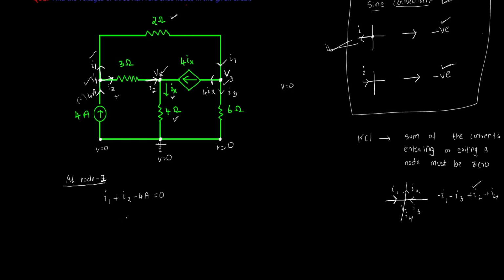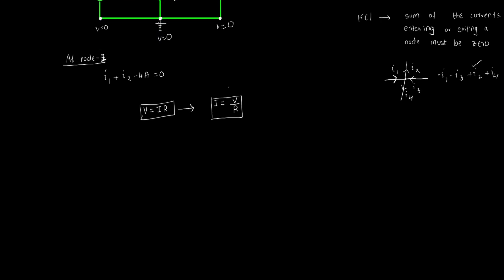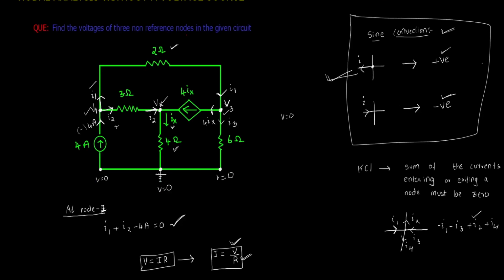Now by using Ohm's law, we know that V equals IR. We can rewrite this equation as I equals V by R. Let us rewrite this equation in terms of the voltage and resistor. Here you can see that the current I2 is traveling from the potential V1 to V2, and we know that the current always travels from higher potential to lower potential.